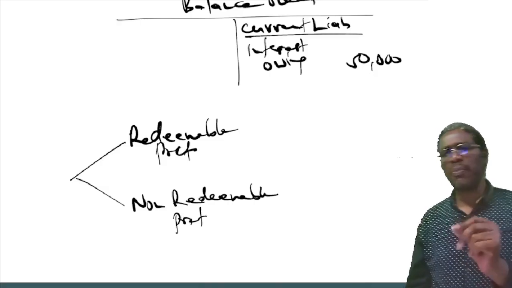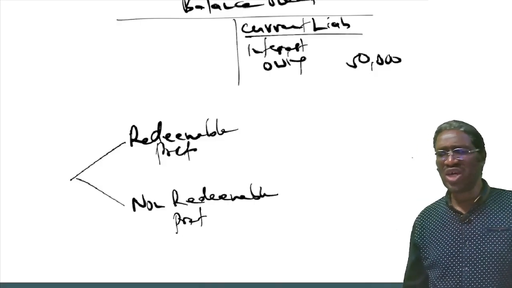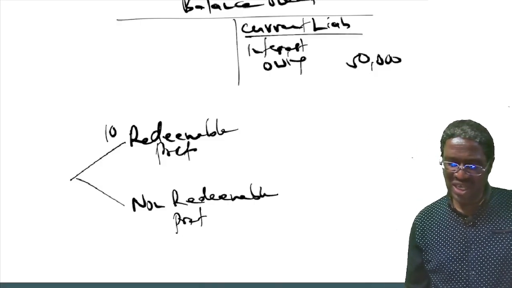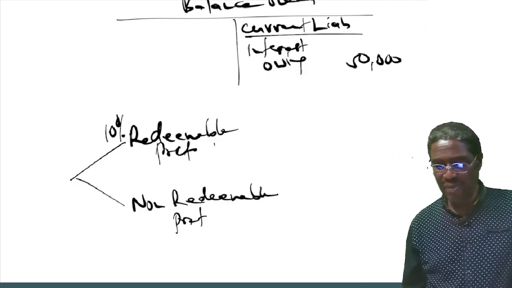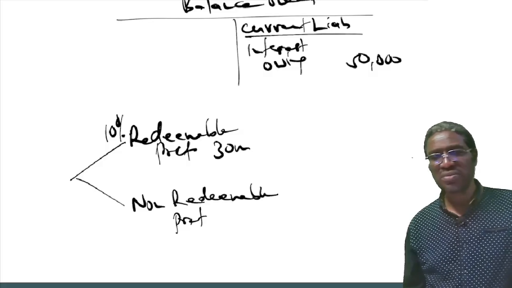Let us assume company A, when they were trying to raise finances, issued 10% redeemable preference shares amounting to 30 million.